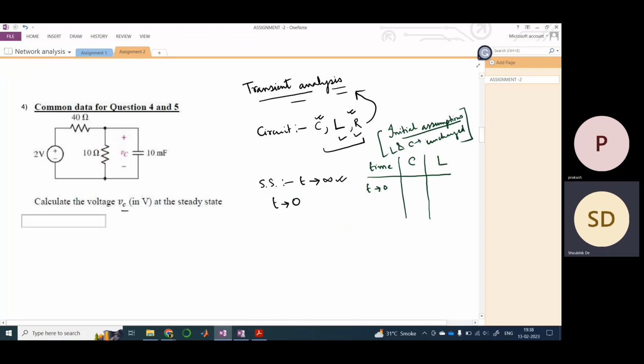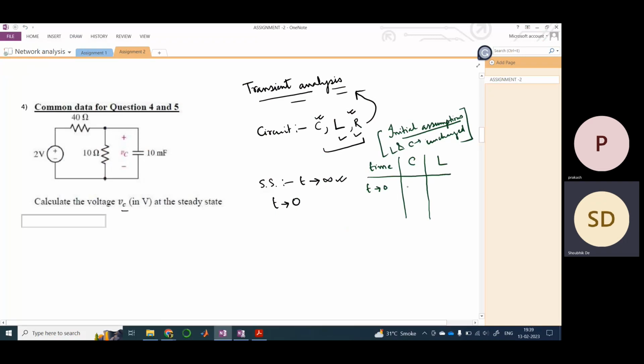Now, since this is uncharged and we are applying some voltage to charge the inductor or the capacitor, how would they perform over time, right? At t equals to 0, the capacitor, since it would be developing some voltage across it, you won't expect any charge build up instantaneously at t equals to 0 as soon as you apply the voltage.